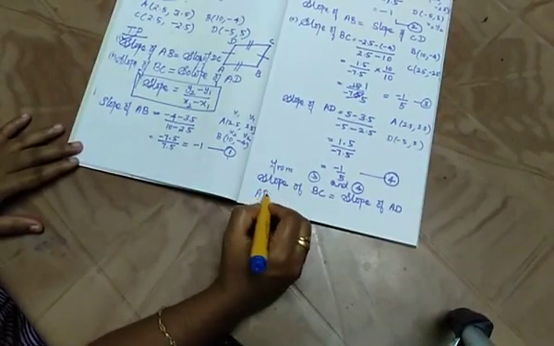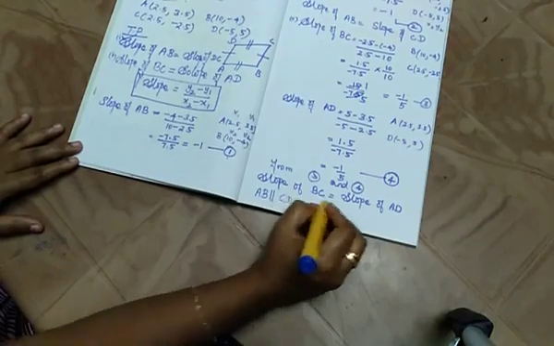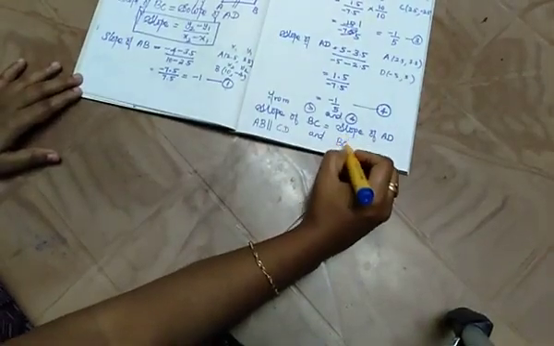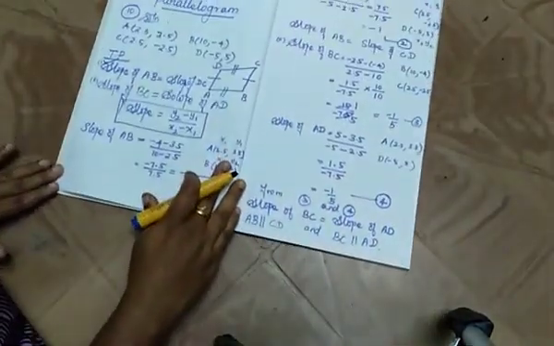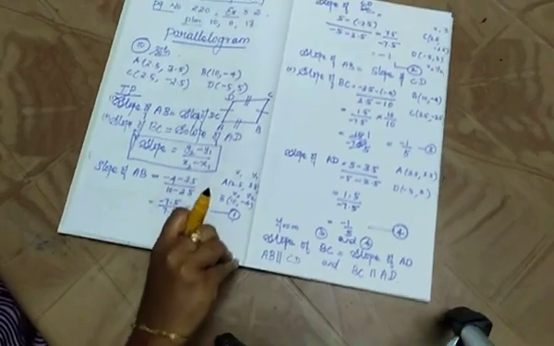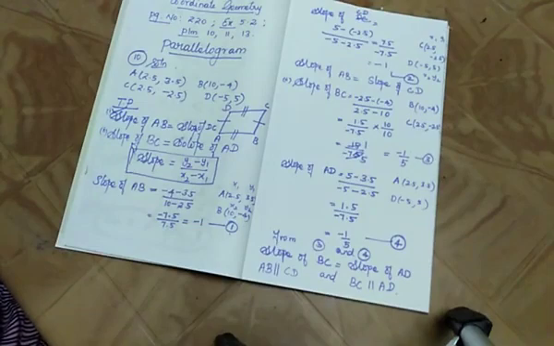So AB is parallel to CD and BC is parallel to AD. The condition has been satisfied, so we can say the given 4 points form a parallelogram.